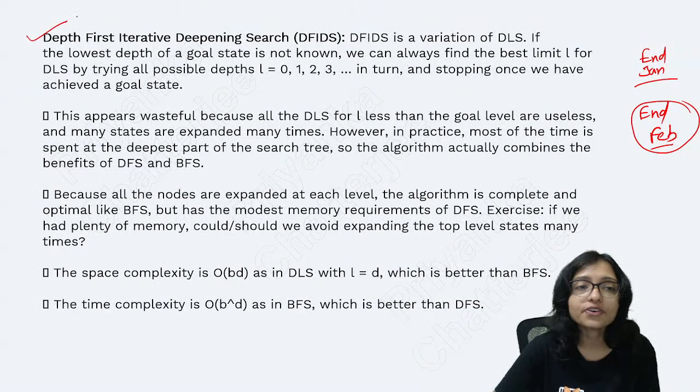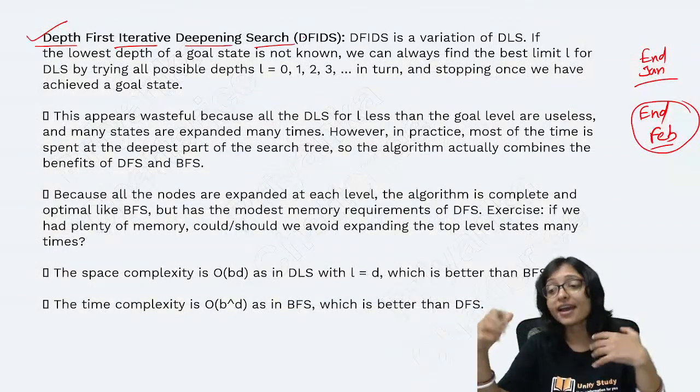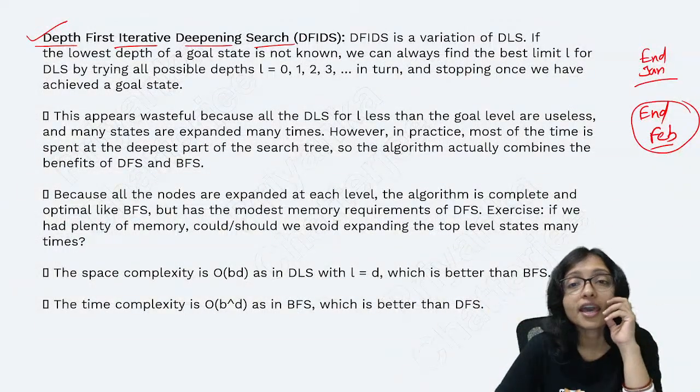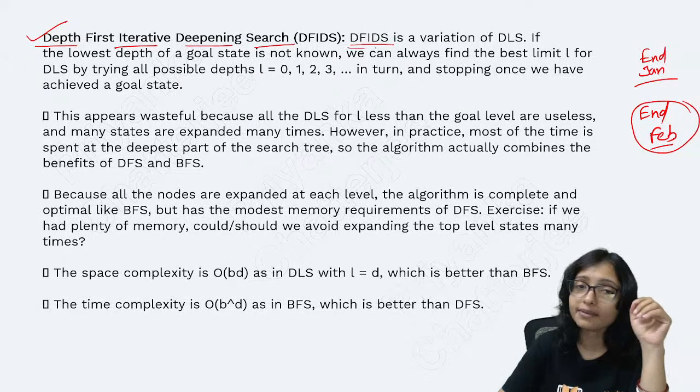So, depth first iterative deepening search. Depth first iterative deepening search. So the iteration is there. DFIDS. Remember the short form also, because sometimes they can ask in short form.